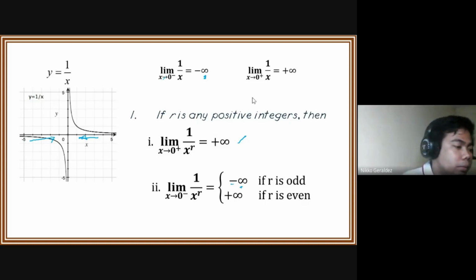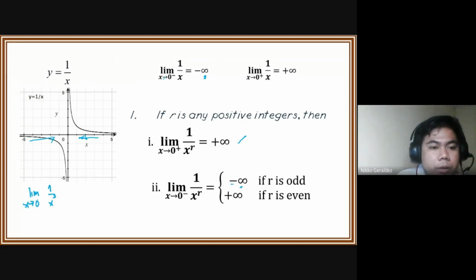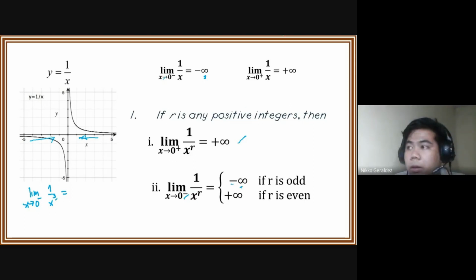So, for example, we have the limit of 1 over x cubed as x approaches 0 from the left. What is the limit of the function? As x approaches 0 from the left, with x cubed, 3 is odd.